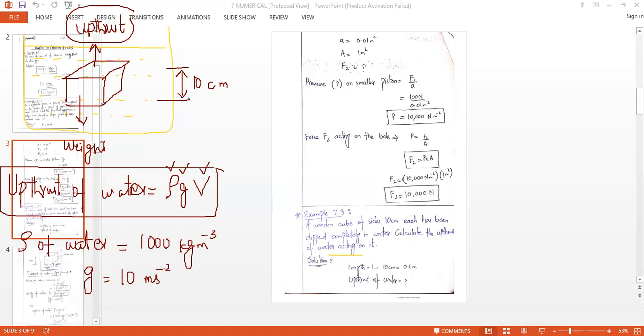And the third is volume. As this is a cube, volume equals length multiplied by length multiplied by length, that equals length whole cube. The value is 10 centimeters, that is 0.1 meter, whole cube, and it must be equal to 1 into 10 to the power minus 3 meter cube.